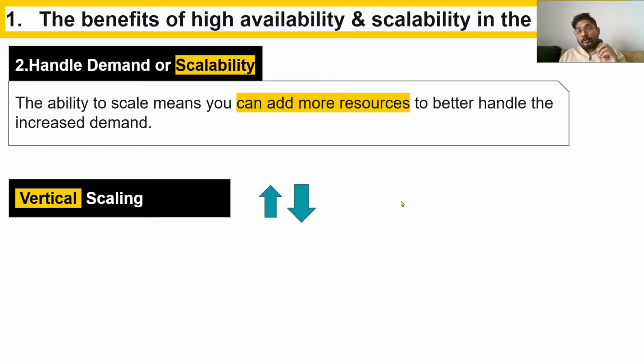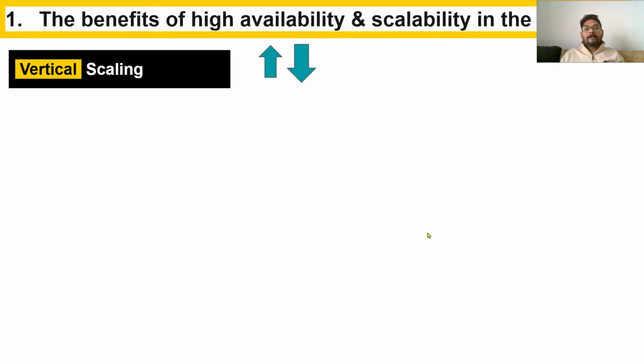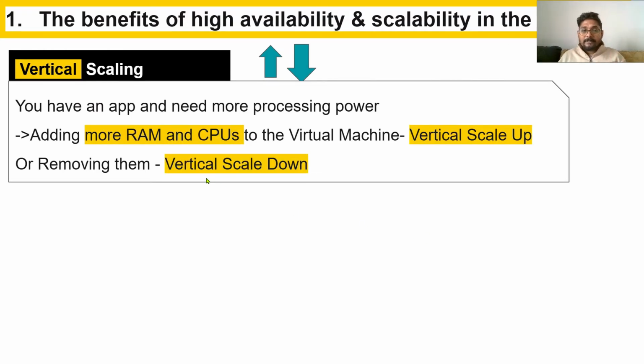Now there are two kinds of scaling that can happen. One is vertical scaling, and the second is called horizontal scaling. See, so many things you are learning. Now what is vertical scaling? Let's say you have an application and you experience that you need more processing power.